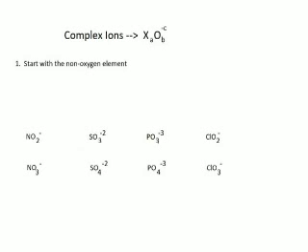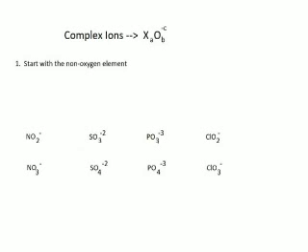This brings us to complex ions. We run into a lot of complex ions, and many of them have a very simple form. That is, they are some element with some number of oxygens, and the whole thing's an anion. And we have rules for naming this kind of a complex ion.